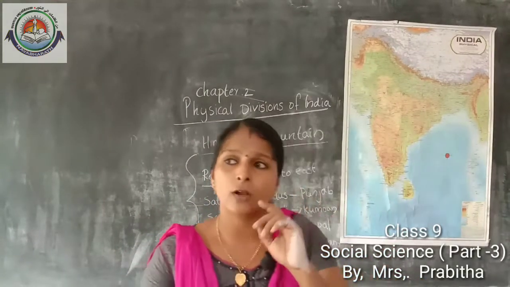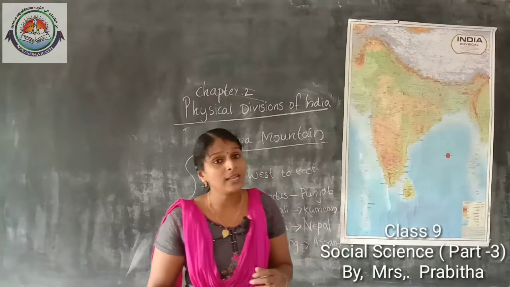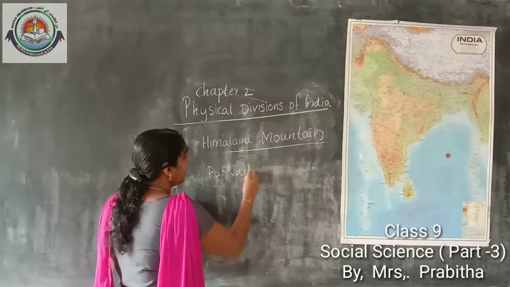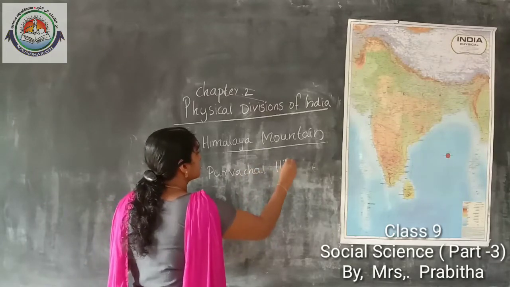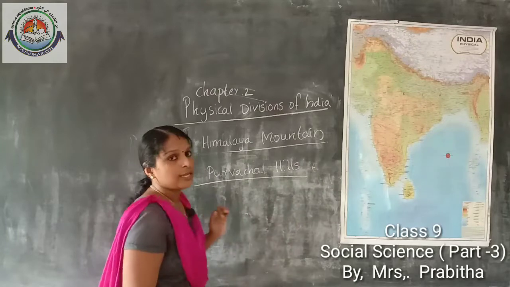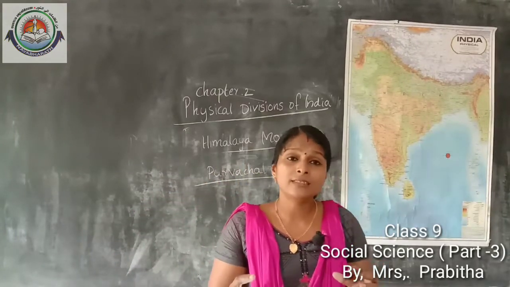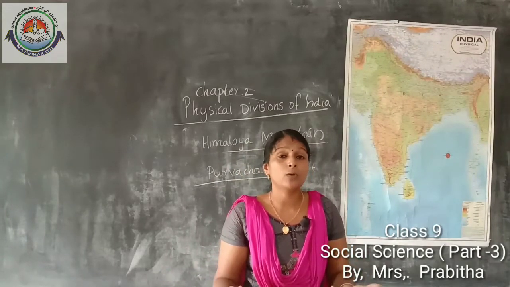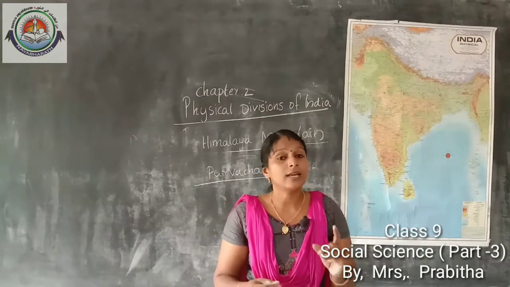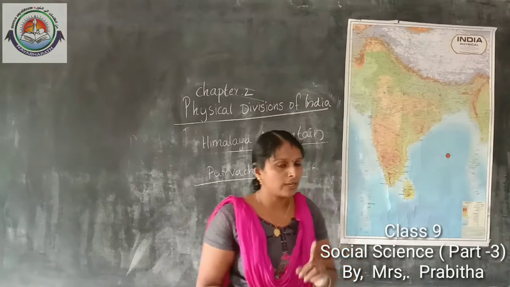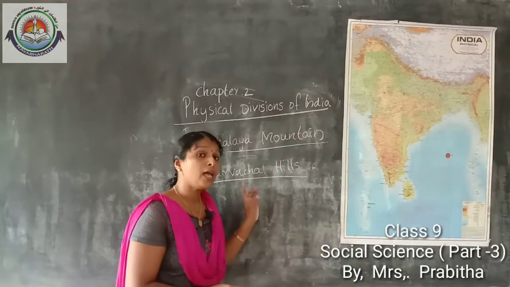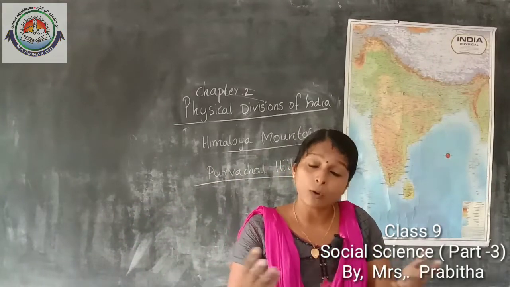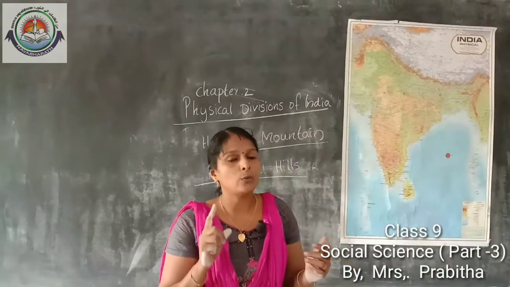Next we have a small topic to discuss, that is Purvajal ranges, Purvajal hills. Himalaya bends sharply to the south and it spreads along the eastern boundary of India.